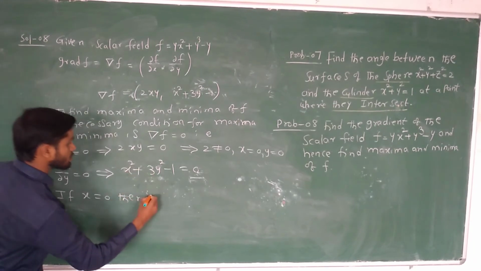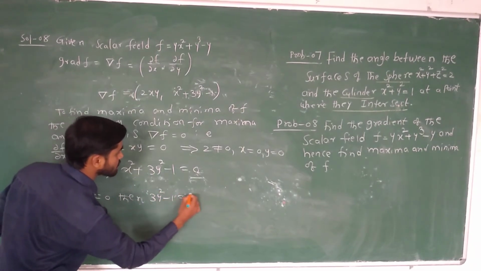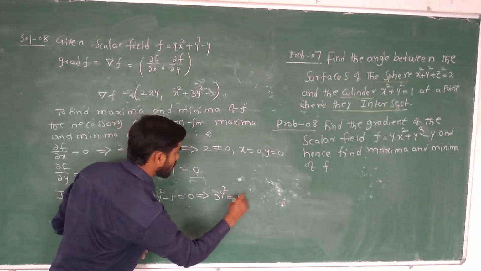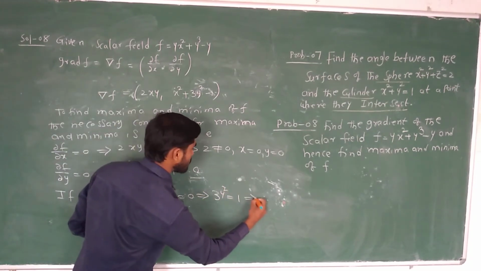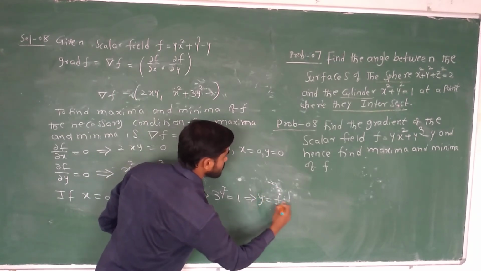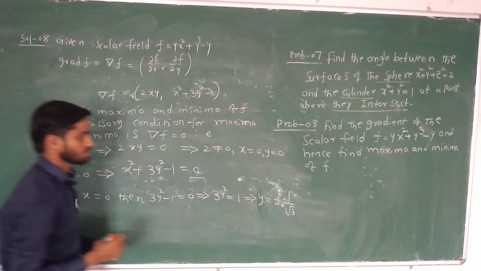Then x equal to 0 means you will get 3y square minus 1 equal to 0. This implies 3y square is equal to 1. So that implies y is equal to plus or minus 1 by root 3.